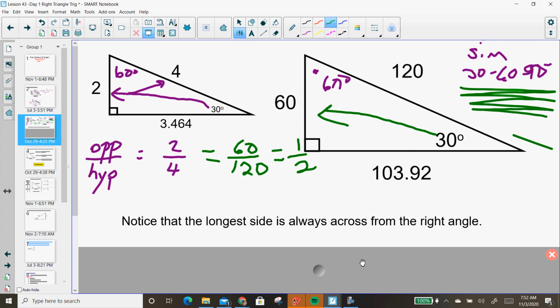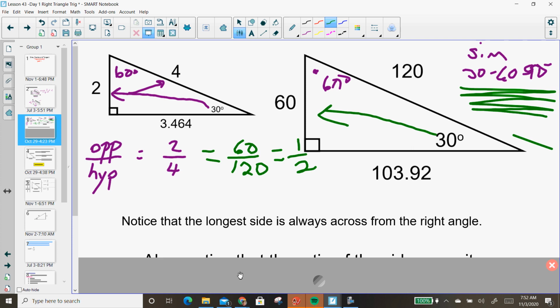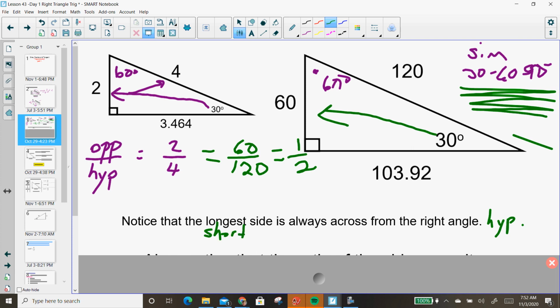So a couple of things to notice about this. The longest side is always across from the right angle. That is going to be our hypotenuse. Also, the shortest side is always across from the smallest angle. On the first triangle, 2 was the smallest side. On the second one, 60 was the smallest side.